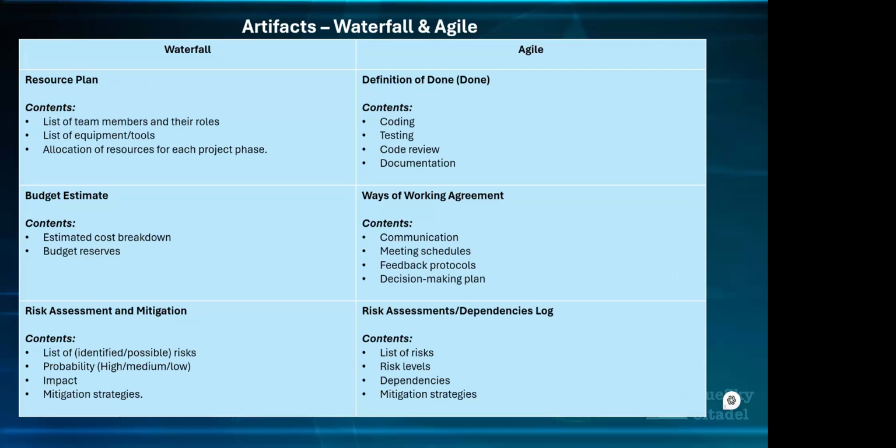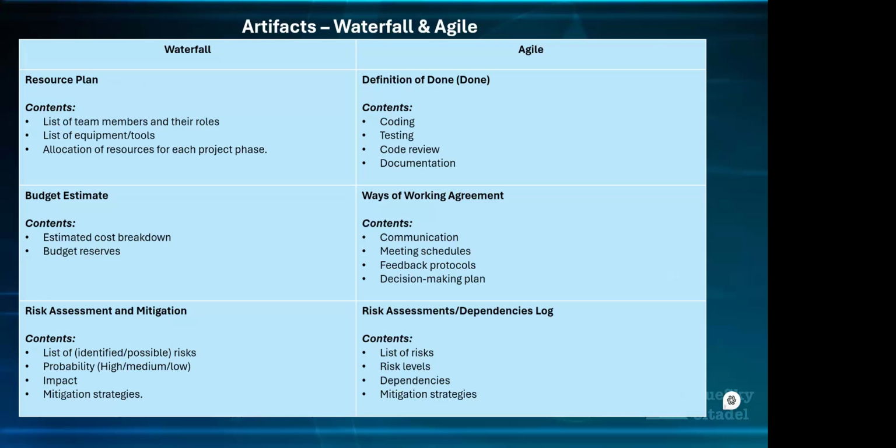So all those decision-making plans, you want to make sure they're in your ways of working agreement as a team for Agile. And then, we talked about continuous risk assessment, so you want to have a risk assessment or dependency log, which the Scrum Master looks after.